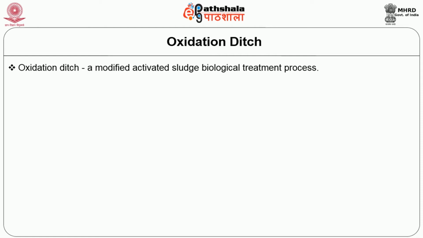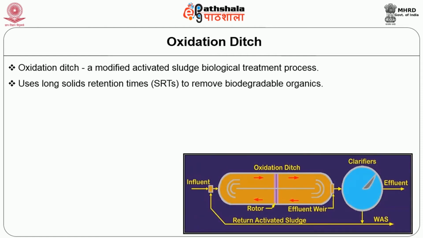Modified activated sludge uses different phasing of the air diffusers and long solids retention times, in short called SRTs. The influent is introduced at several points in the aeration tank.